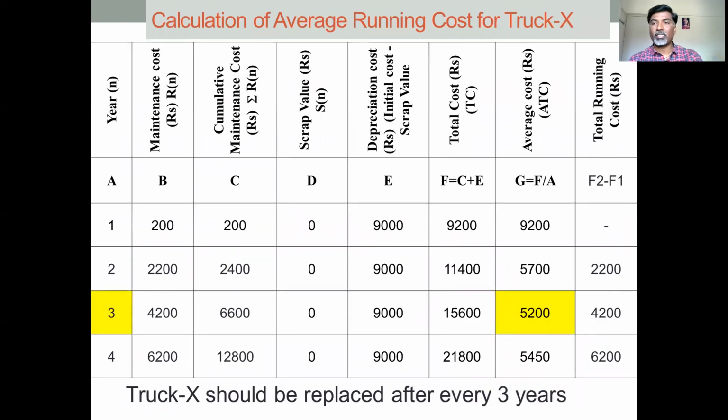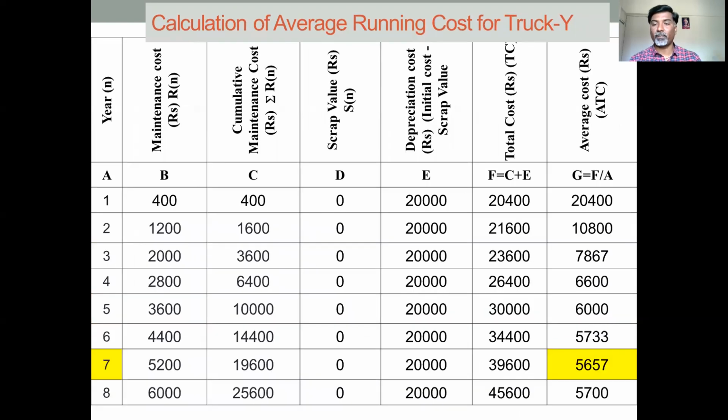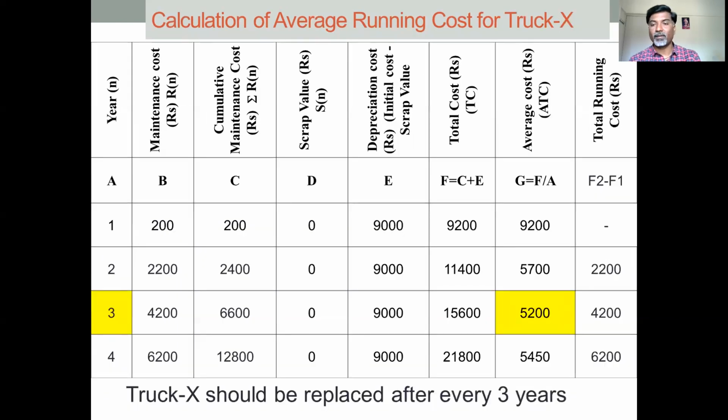So we have calculated the running cost of truck Y. Average cost is minimum at the 7th year, that is 5,657. And we have calculated running cost for the second year as 2,200, for the third year 4,200, and for the fourth year 6,200. So here the average cost is 5,657, and if you take into consideration the fourth year, the running cost is 6,200, which is more.